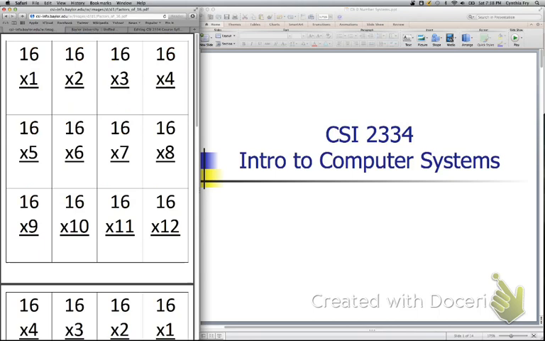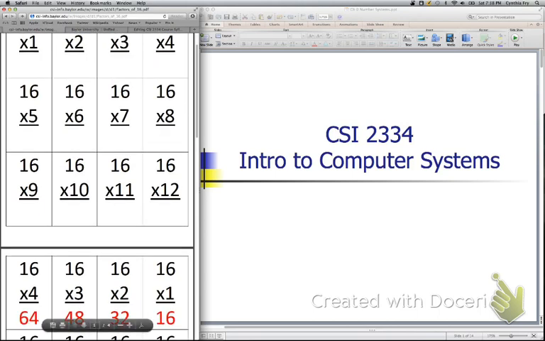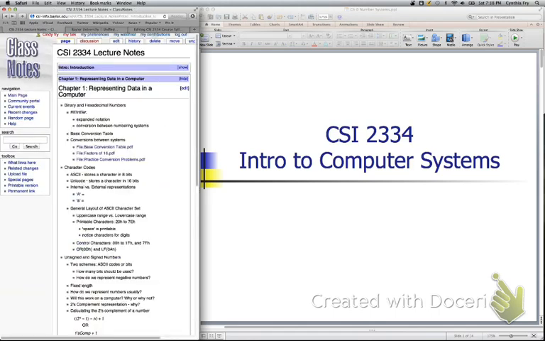So print these out, and you'll have some really nice flashcards. So 16 times 4, when I flip that over, equals 64 right down here. So awesome. Let me show you, I think I have one more.